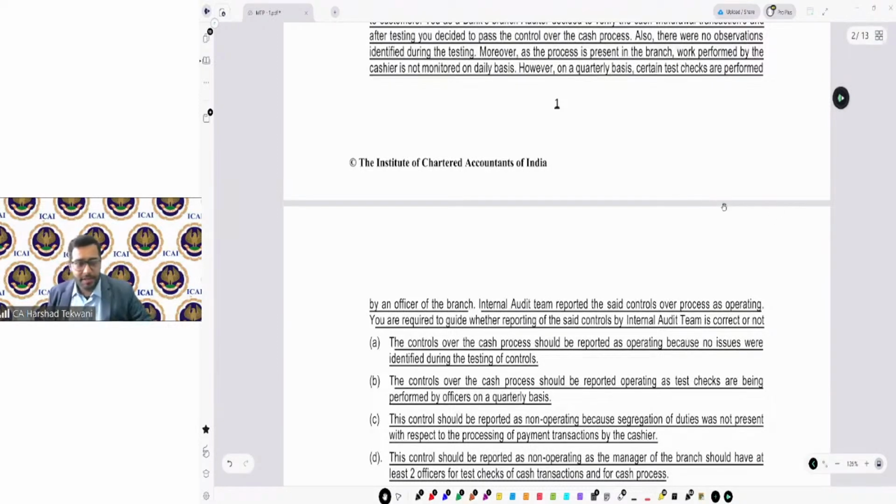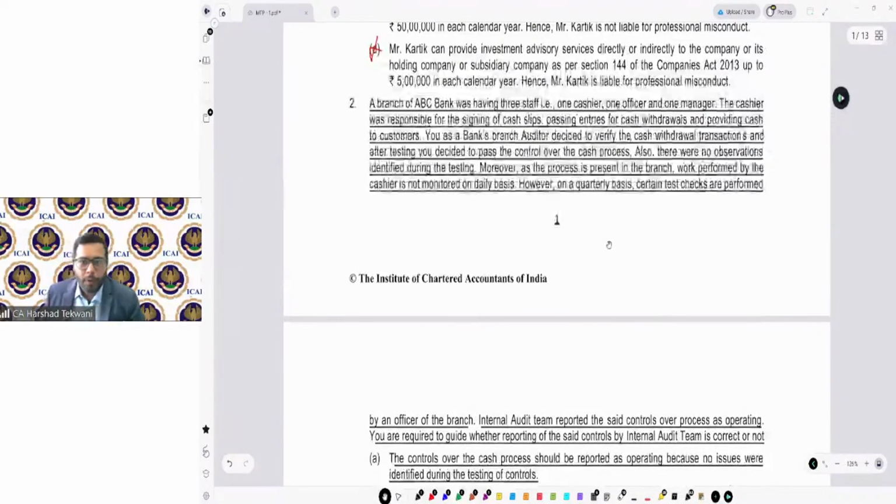Okay, so let's see the answer. First option: the control over the cash process should be reported as operating because no issues were identified during the testing of controls. Now, if you see in the question, there are two things you need to focus upon. One, the cash process.